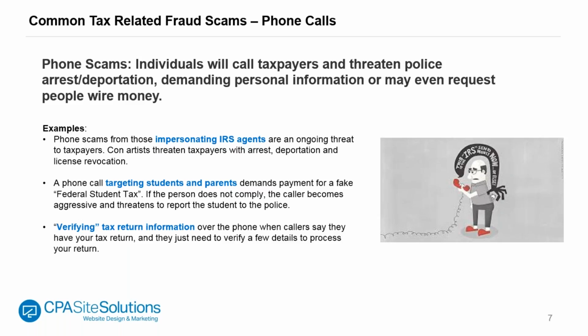So one of the things you can do in this particular case is make sure that you educate your clients about how you expect to communicate with them, and that if they get questions from outside about their tax return, their business, or their personal information, they contact you first.